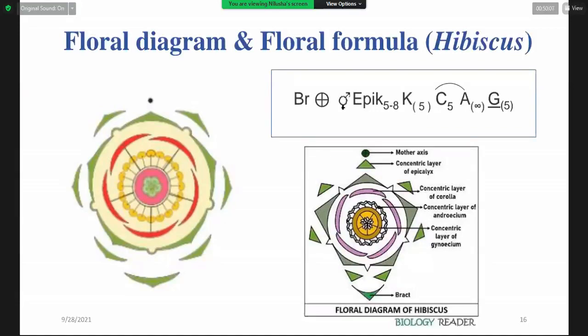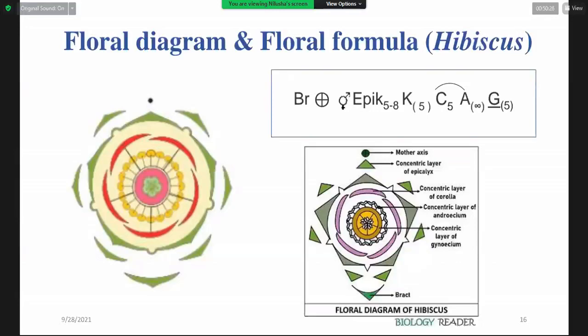Next is the calyx. The calyx is formed with 5 sepals. The sepals are in fused condition, so it is gamosepalous.